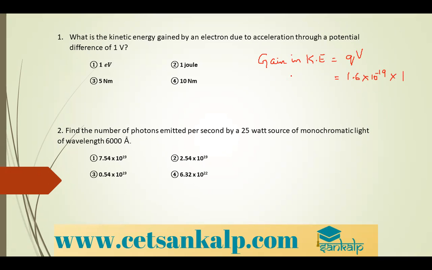But please remember that in modern physics, whatever we are going to study, you have to write it in electron volt only. So I'm going to divide that by 1.6 into 10 to the power minus 19. So this and this get cancelled. So it is 1 electron volt. So option 1.